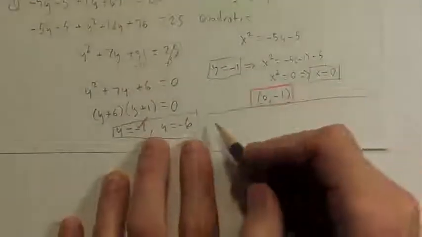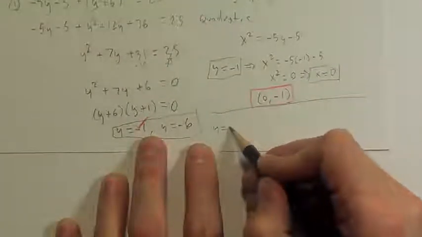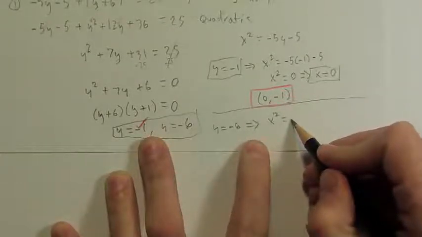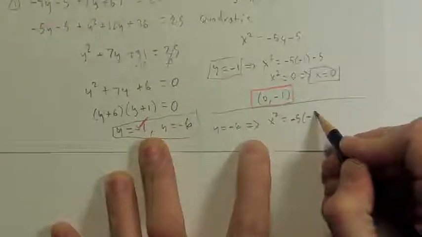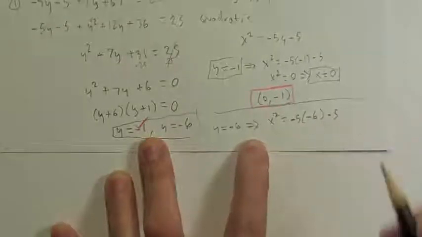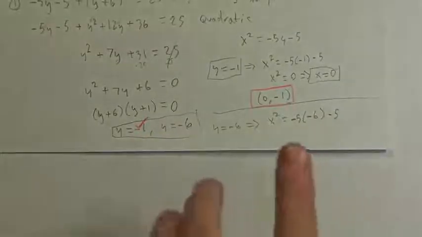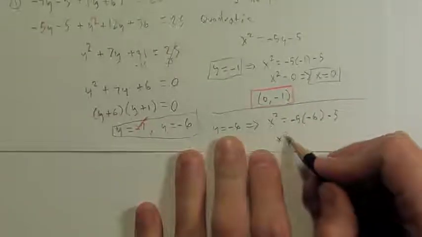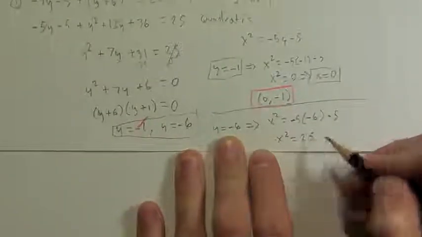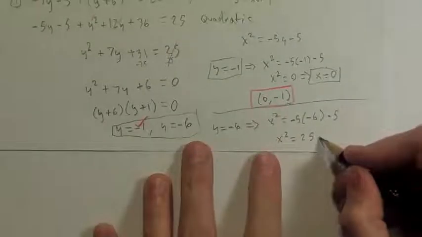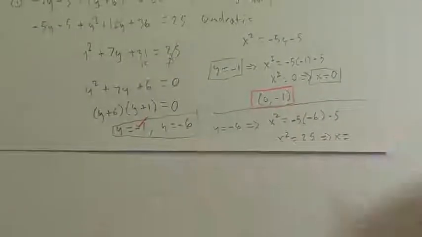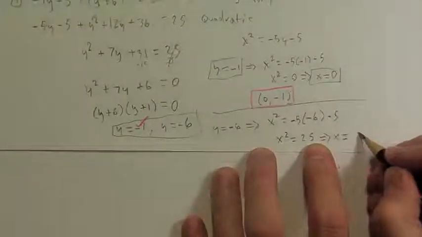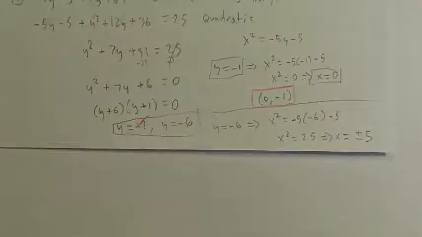Okay. All right, when y is equal to -6, that means x squared is going to be -5 times -6 minus 5. Okay, so that is going to be 30 minus 5. So x squared is going to be 25. Meaning x, remember, is going to be plus or minus the square root of 25, so x will be plus or minus 5.